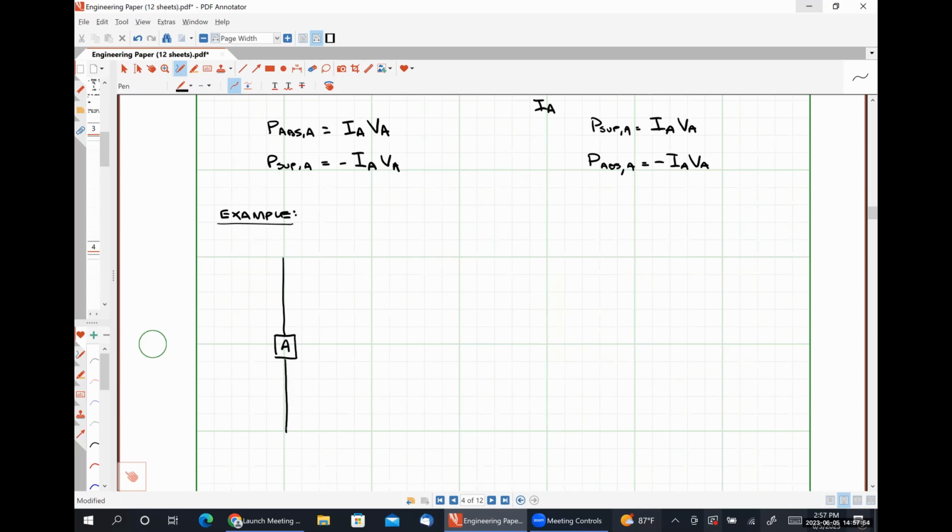Here's element A. Here's element B. Here's element C. D. E. F. And G.